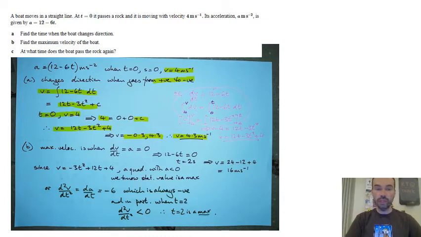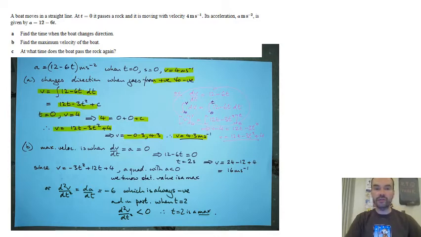For those who like different methods, we have this one here, which is possibly a bit pale for me to highlight, so instead I'm going to go over in yellow. We could start with the idea that dv/dt is 12 take 6t, which means we can then integrate both sides with respect to t and use limits.